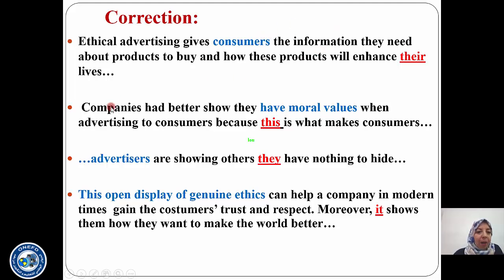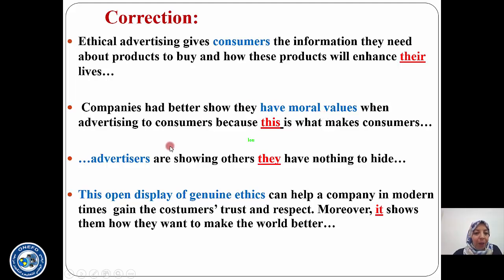Second one, companies had better show they have moral values when advertising to consumers because this is what makes consumers feel confident. Okay, so this is what makes consumers. So what makes consumers feel that way? It is having moral values. Okay, when the company has moral values, this is how the answer should be.